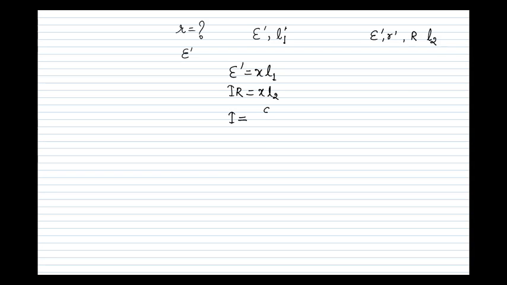It is the EMF of the cell divided by the internal resistance plus external resistance. Put the value of I here, so we get E dash upon R dash plus R is equal to XL2 upon R.